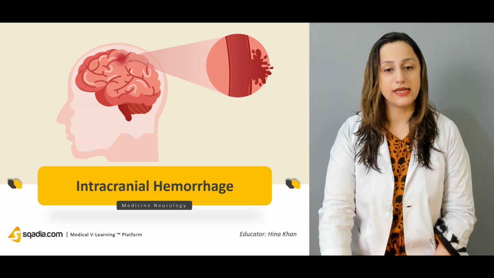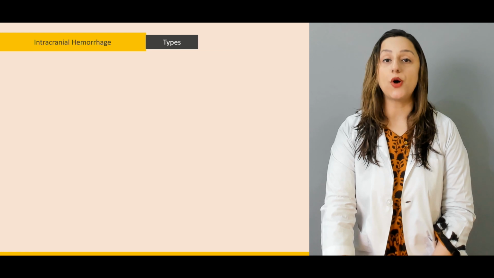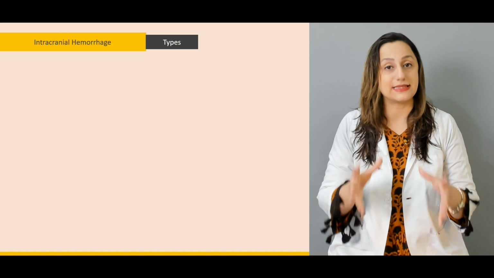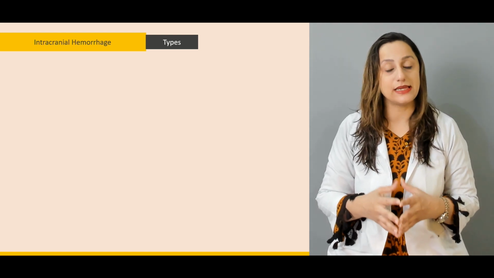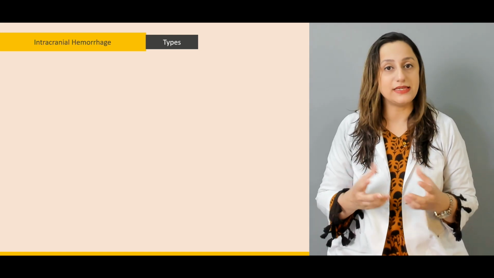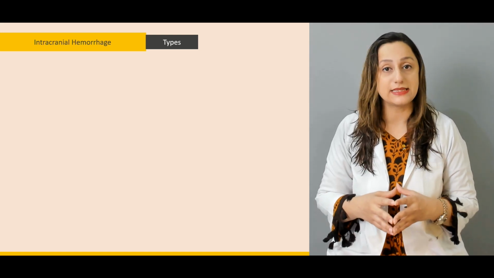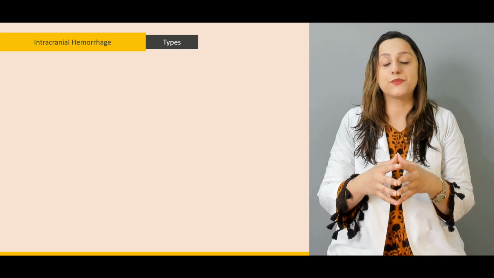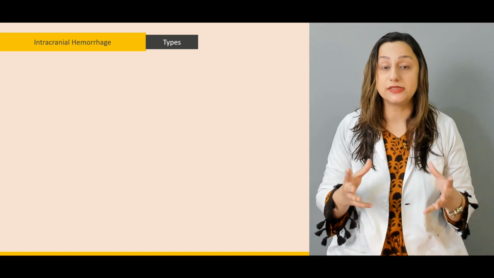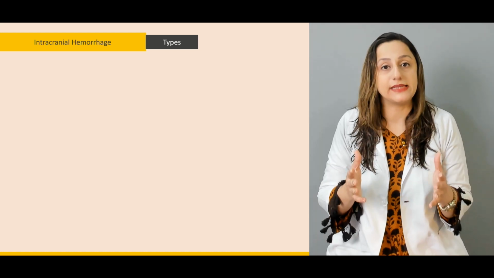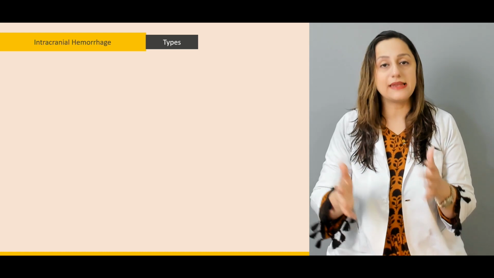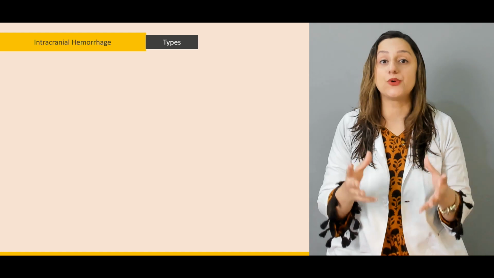Moving on, we'll be discussing the most common types, or you can also define it as the most common sites, for the development of these intracranial hemorrhages. Majorly, we have three varieties, as we all know the protective layers of the brain: the dura mater, the pia mater providing protective covering to the brain, and the arachnoid mater.